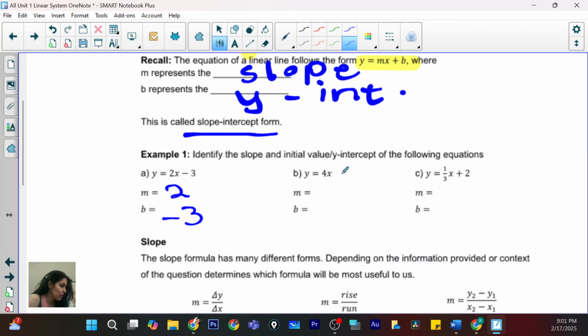In this question, y equals 4x, it is actually 4x plus 0, and you can eliminate the 0. The slope m is 4 and the y-intercept is 0. And last one: the coefficient of x, the slope, is 1 over 3, and the y-intercept is 2.